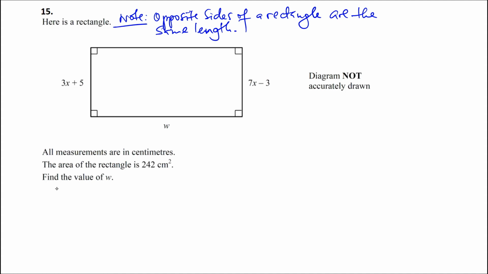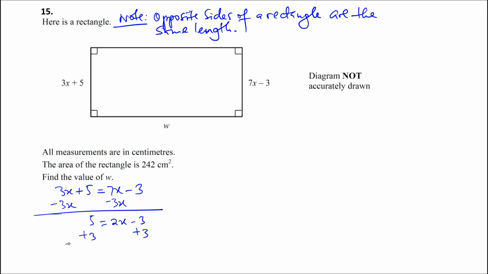So we can go ahead and equate 3x plus 5 to 7x minus 3 and just solve for x. So subtract the smaller x from each side. So 5 is equal to 4x minus 3. Add 3 on each side. So 8 is equal to 4x, divided by 4.